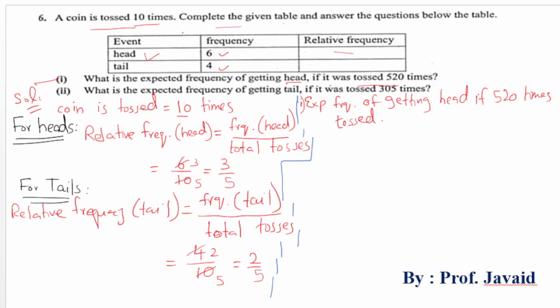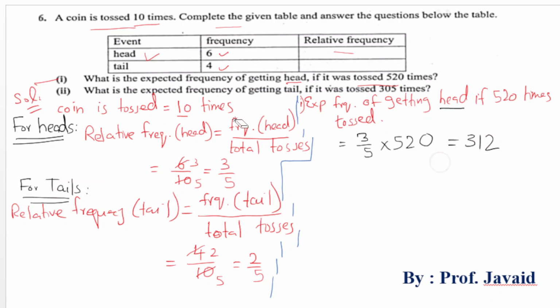Simple. We have already found that. What have we found? Look, for head we have 3 by 5 times 520. Let me solve with the calculator. It will be 312. So this is the first answer.